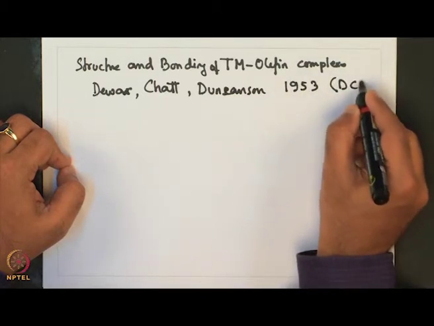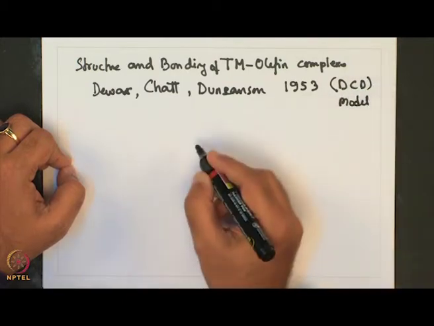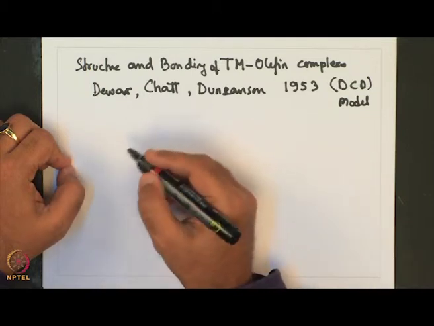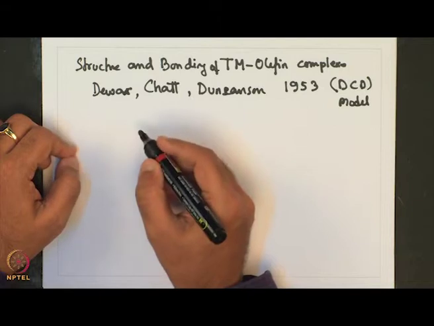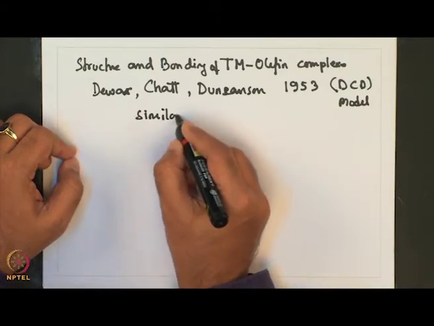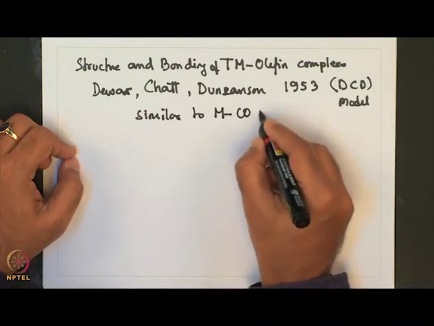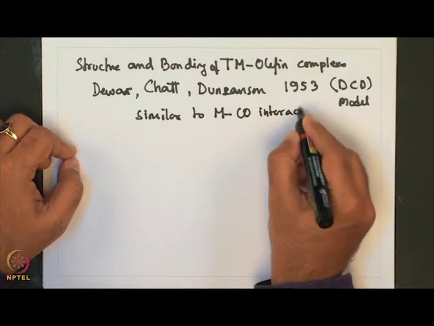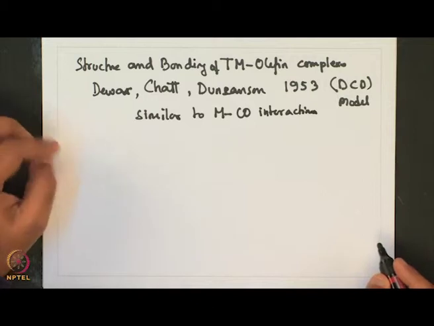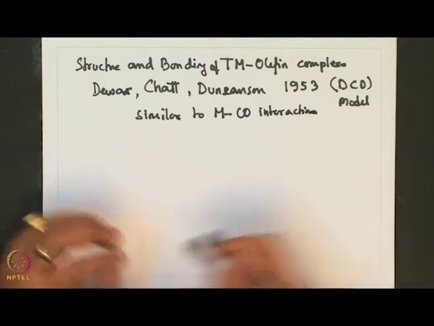This is called the DCD model, and this model was developed similar to the metal carbonyl moiety, to that of the metal CO interaction, but changing the ligand orbital on going from CO to an olefin.